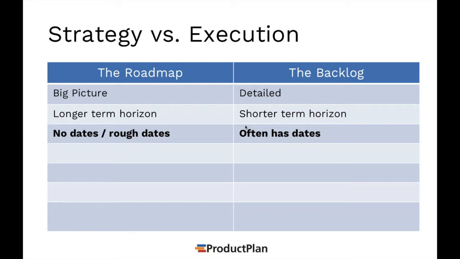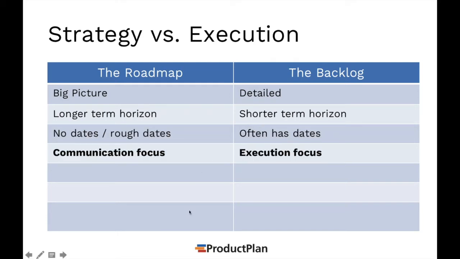And there may or may not be dates associated with those. If you're using sprints, however, definitely you want to have dates associated with that, because if you're on a 2-week sprint cycle, then that sprint date is well known, and the team is committing to a certain amount of work within that time frame. So it's a little bit of differences between the roadmap and the backlog in terms of dates.